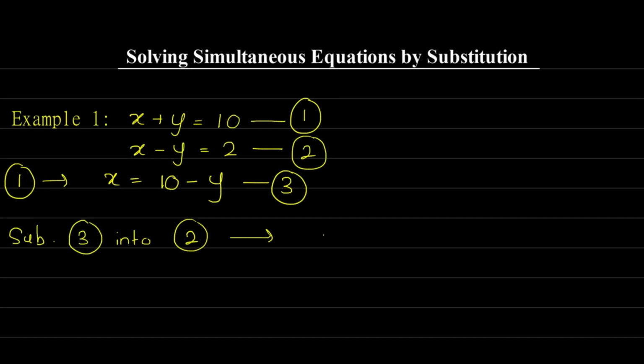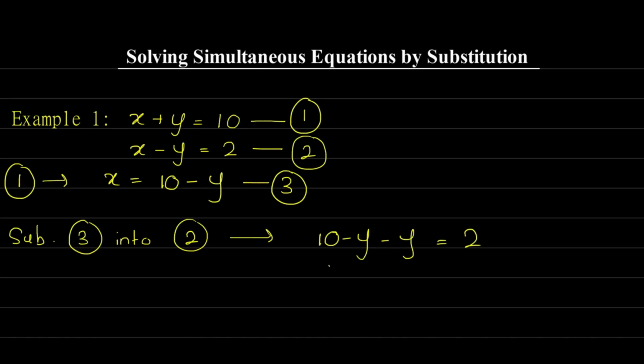When you do that, x is equal to 10 minus y, and therefore I'm going to write 10 minus y equals 2. And then it's simply a matter of solving for y using normal algebra.